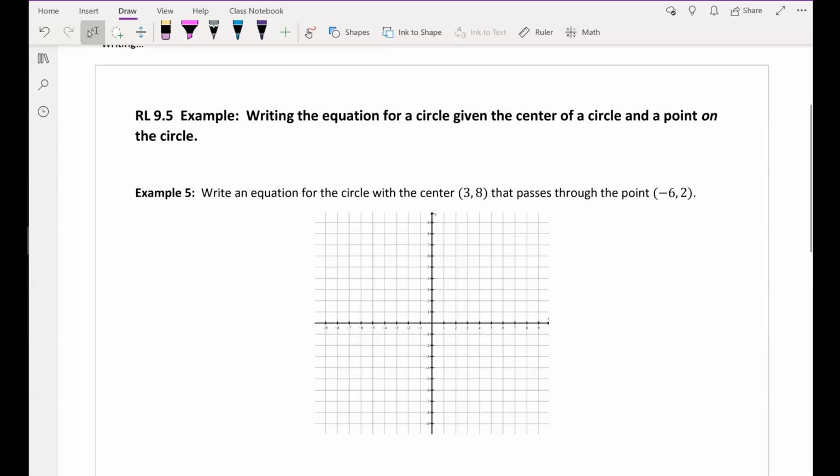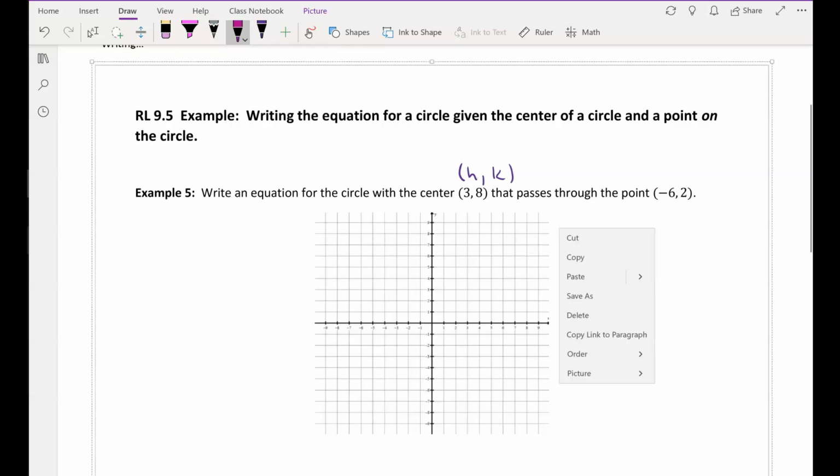So if we write an equation for the circle with the center 3, 8, and remember we call that point h, k, I'm going to go on my graph. I'm going to pick a bright color so that it shows up. I'm going to go to the point 3, 8 and plot that point. All right, so that's the center of the circle.